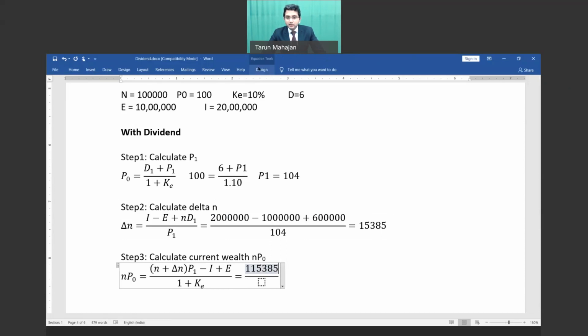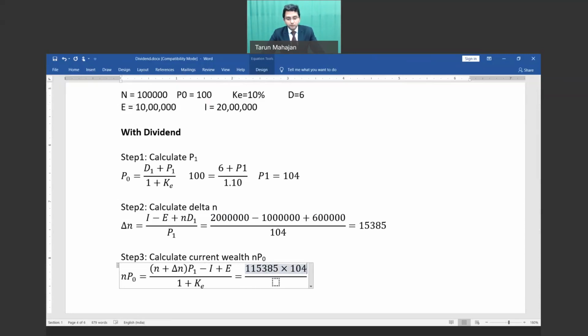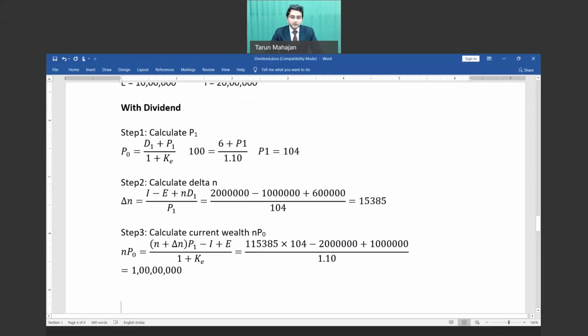And now it should be multiplied by P1, which is 104, minus investment, which is 20 lakh, plus earning, which is 10 lakh, divided by 1.10. Some rounding error will be there. Otherwise, it is going to be 1 crore rupees. Exactly.